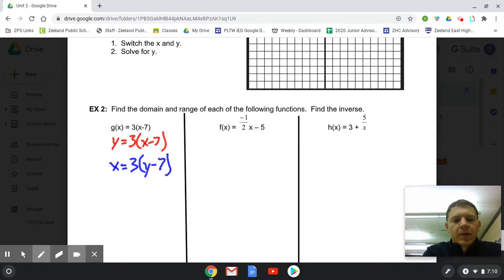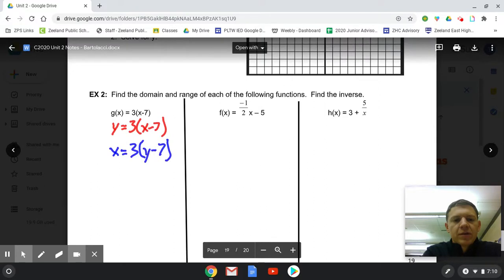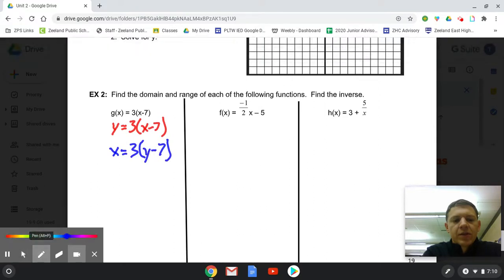The y is right there, and that 3 and the negative 7 are keeping it from being alone. I can't get at the negative 7 yet because it's inside the parentheses, so I need to divide by 3. And that leaves me with x over 3 equals y minus 7.